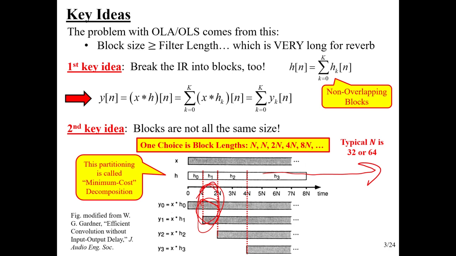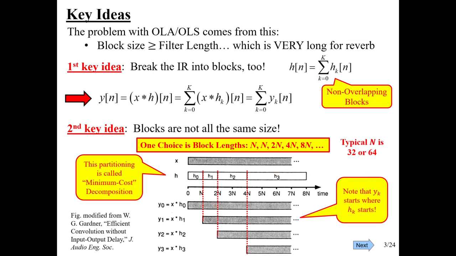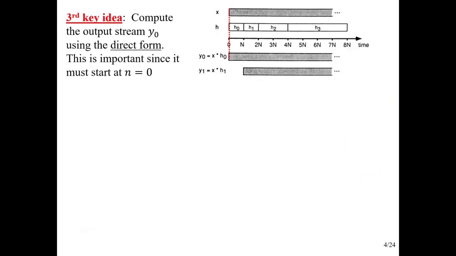That's one of the things we'll have to keep an eye on, how to mechanize all this. So again, a key thing to keep in mind is that y sub k starts at the time point where the corresponding impulse block started. Keep that in mind as we go through here.